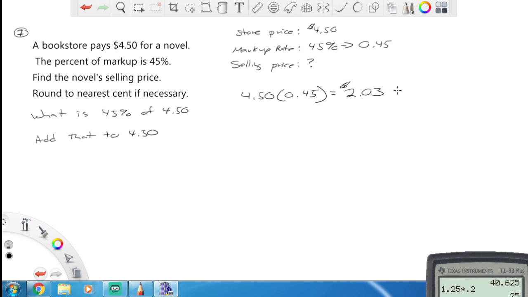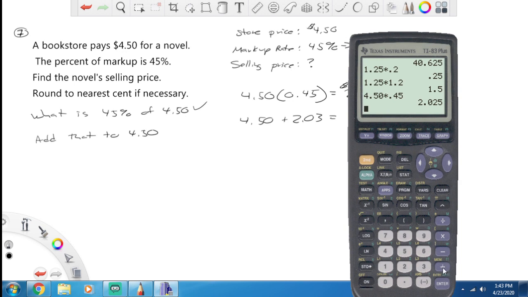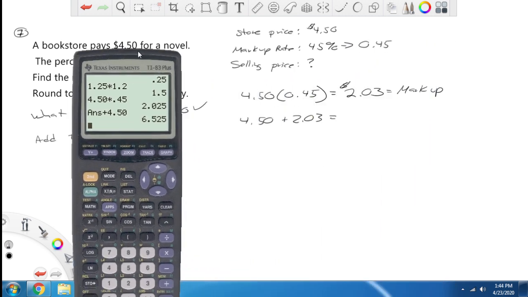So this is equal to your markup. This is not your selling price, that's your markup. You're marking it up $2.03. So you're increasing this price by $2.03. So we did that part. Now we're just going to add it to 450. So 450 plus $2.03 equals, depending on how you type that in, it might have rounded differently.